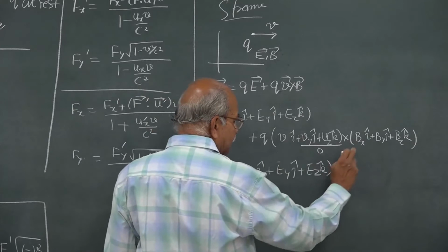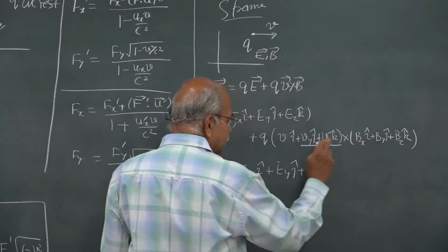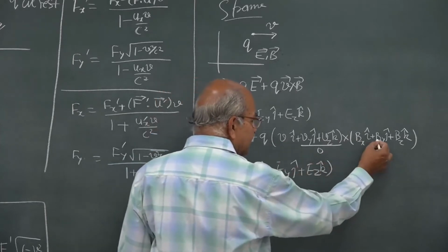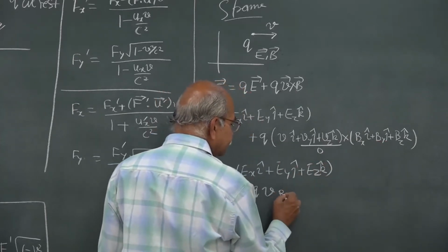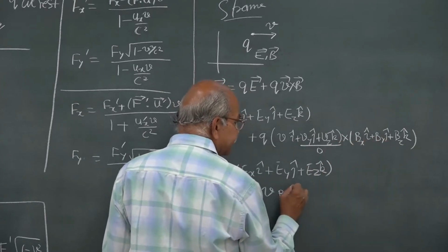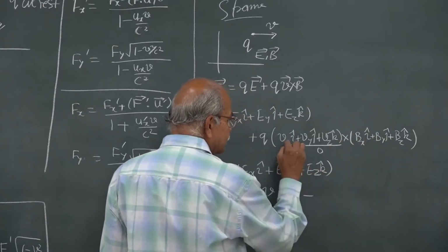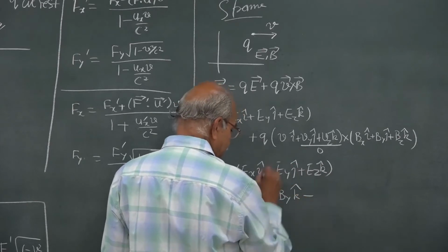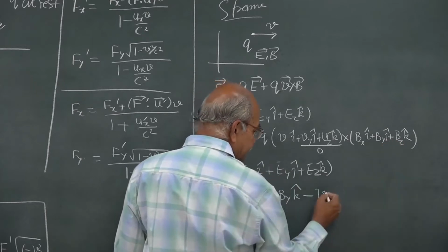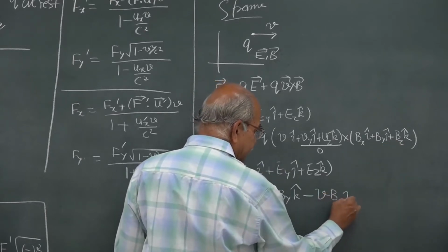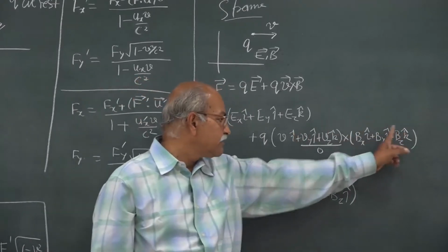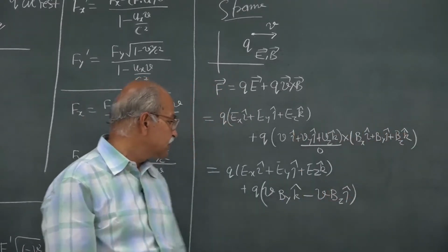So, V will always be there, and then By, i cross j is k, so k cap. Then minus V, q is anyway here, V and Bz and j cap, minus because i cap cross k cap is minus j cap. So, this is it.